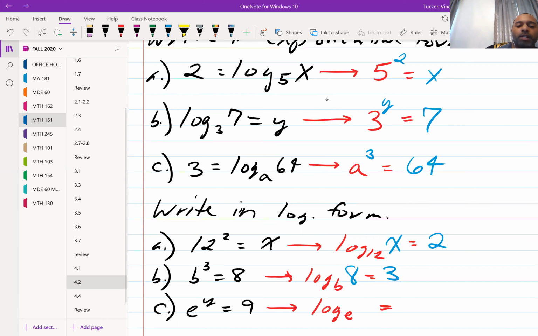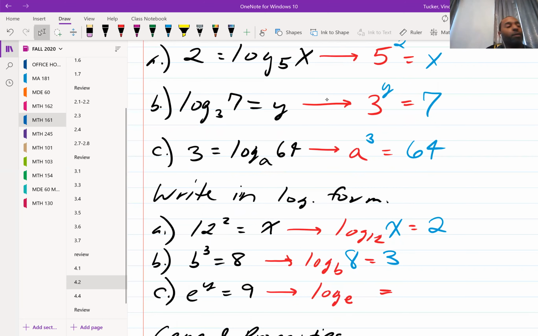And then for that last one, that's going to be a log base e of 9 equal to y. All right, questions on any of those?